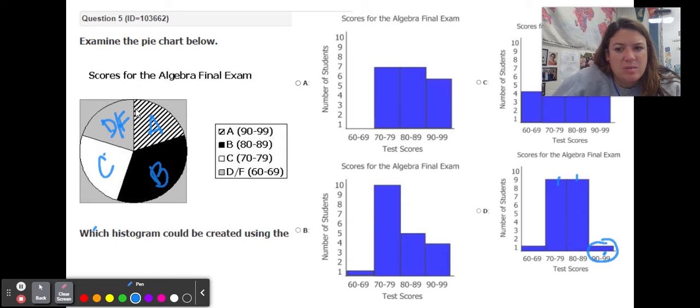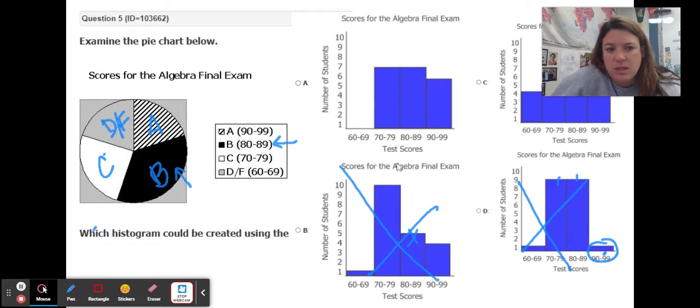And this piece of the pie is almost equal to the other ones, right? They're very close in size, except the 80 to 89 to me looks a little bit bigger than the other 3. So I need the 80s to 89s to be the biggest, and in this case, it's not. Let's see what this one is.